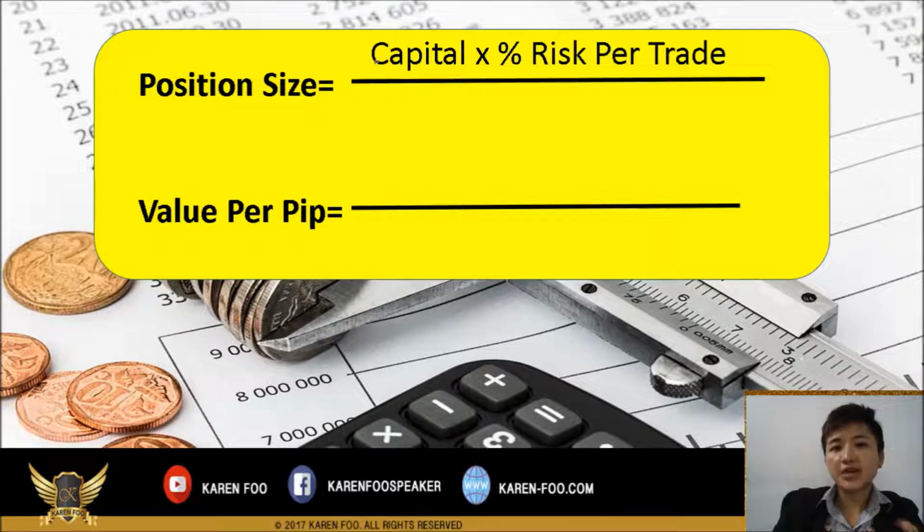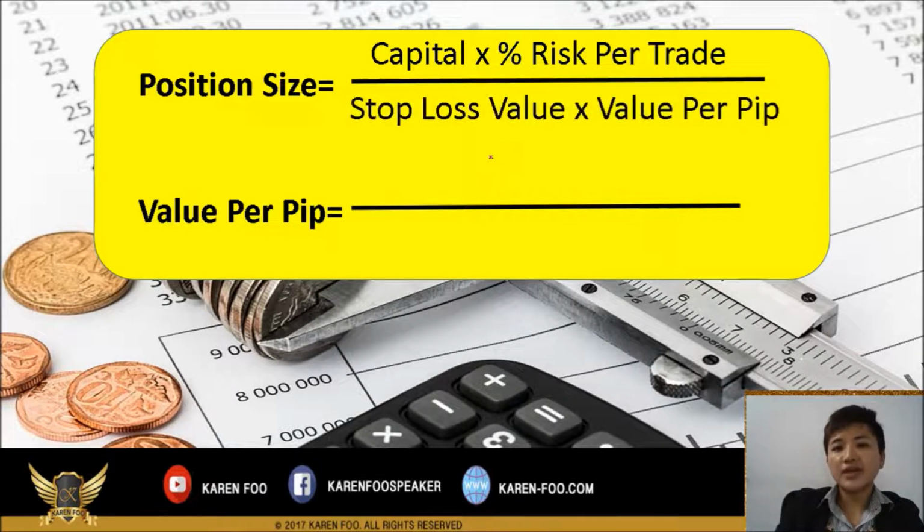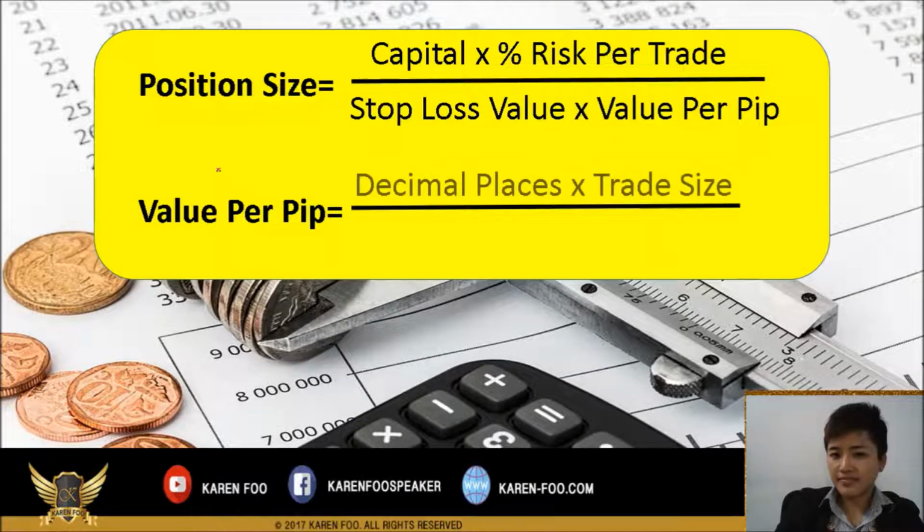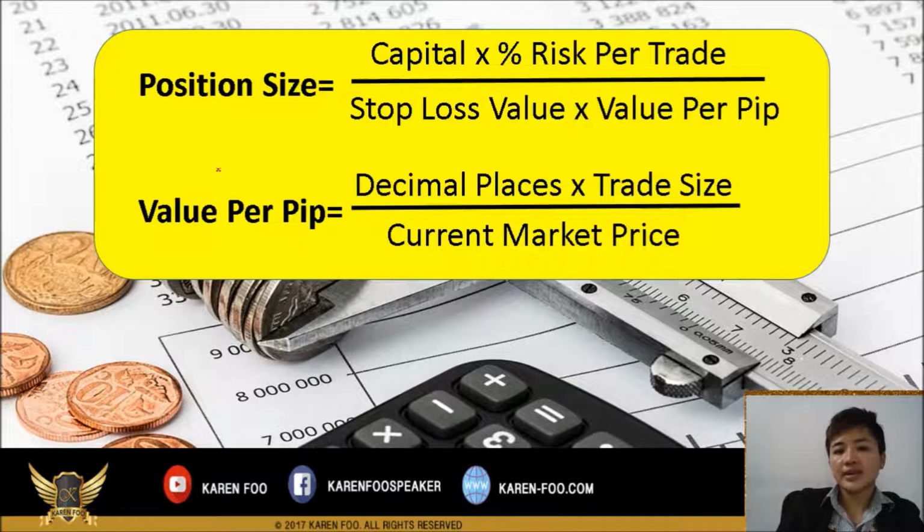Capital, which is actually your current balance, rather than your initial starting capital. Then you divide by your stop loss value, whether it's 30 pips, 20 pips, 50 pips, then times value per pip. So how do you calculate your value per pip? Use the amount of decimal places times your trade size divided by the current market price.